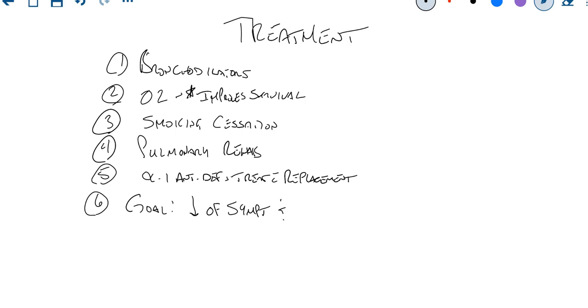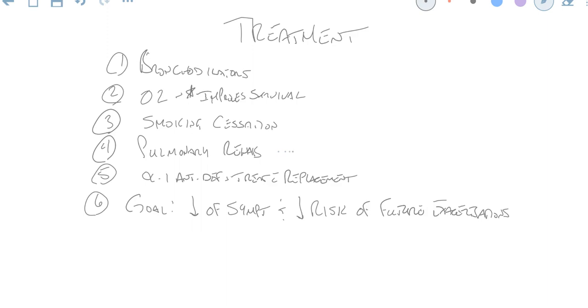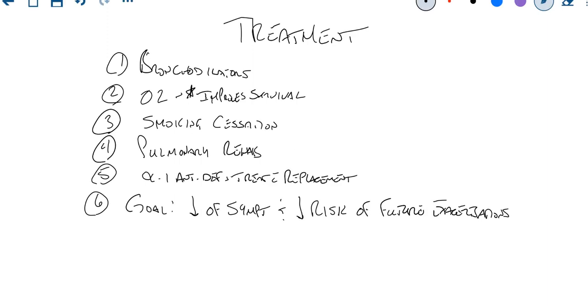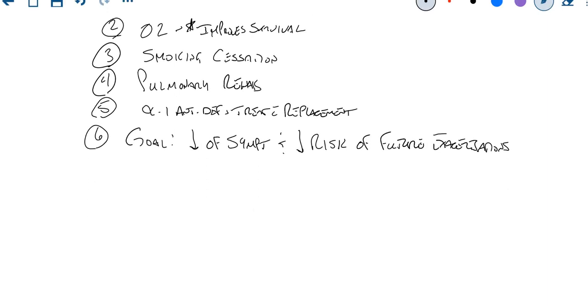And also we want to reduce the risk of future exacerbations. So those are some hallmarks to remember during the treatment of COPD. Keep in mind that symptom reduction and risk reduction is very important.